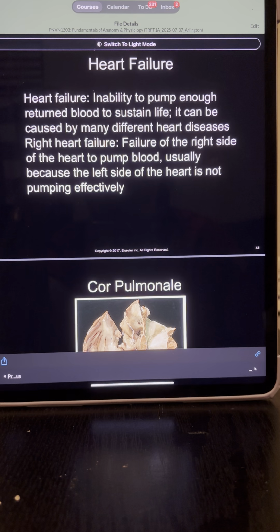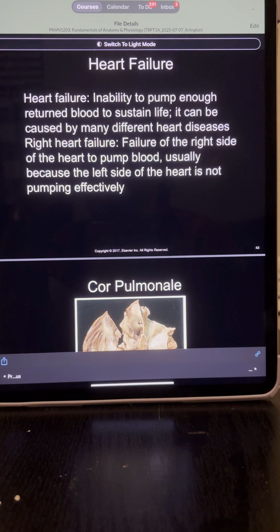Cardiac output is the amount of blood that one ventricle can pump each minute. So stroke volume is the amount of blood the ventricle is pushing out every time it beats. Every time it opens, pushes out, and closes, the stroke volume is how much blood is pushed out for every pump.